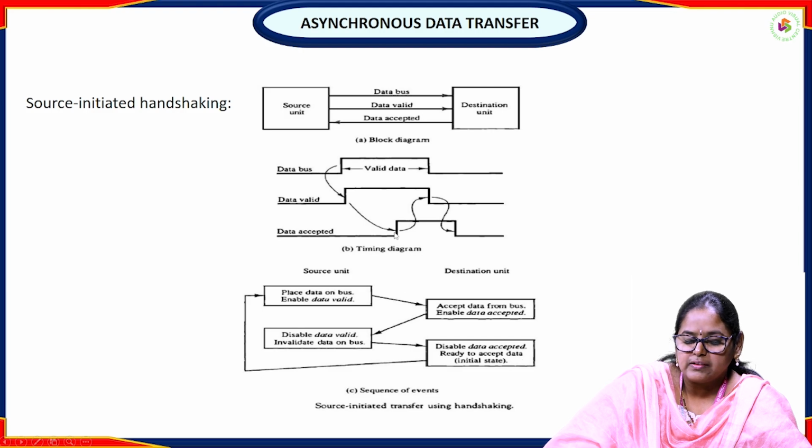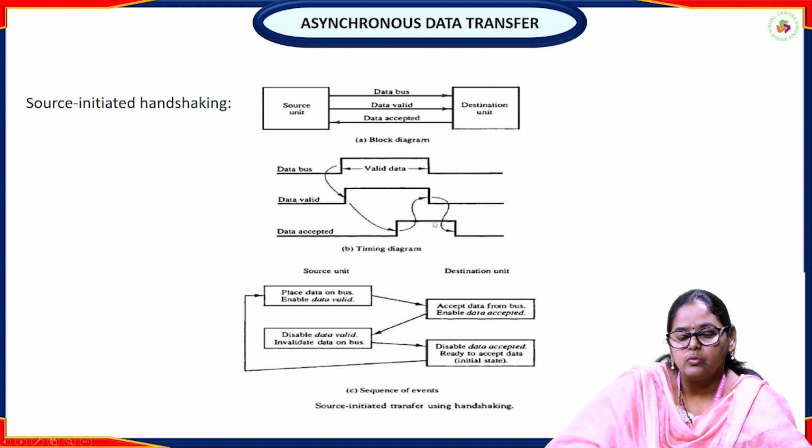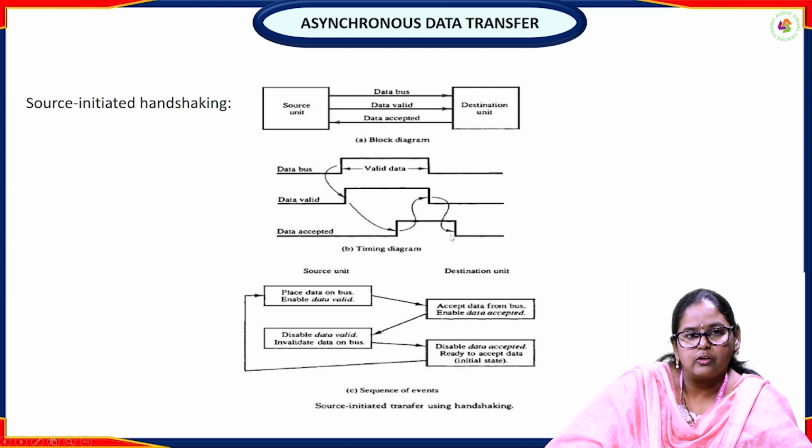After that, the source unit disables the data valid line, which you can see by this curve, and after that it will invalidate the data which is placed over the data bus, and finally the destination unit disables the data accepted line, which you can see through this respective arrow.